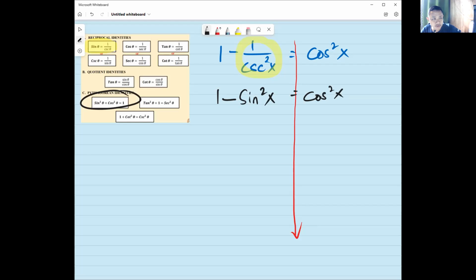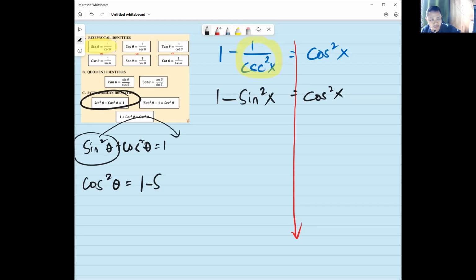Here. So sine squared theta plus cosine squared theta is equal to 1. Dapat 1 minus. So let's transpose this here. So this will become cosine squared theta is equal to 1 minus sine squared theta. And they are now the same.